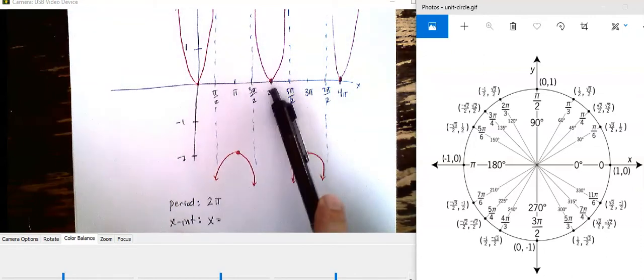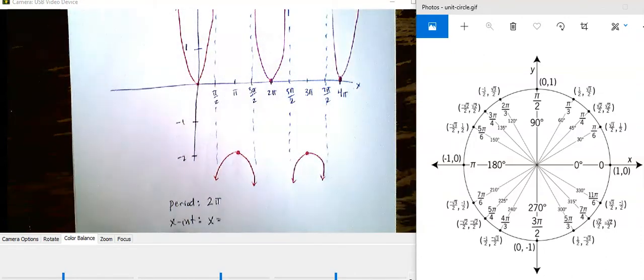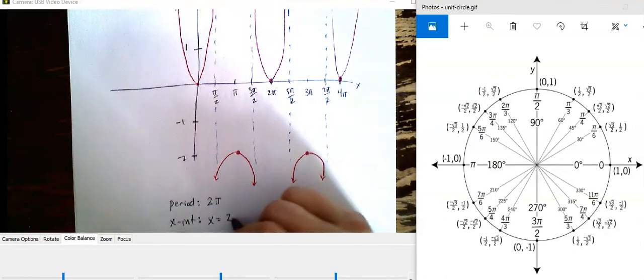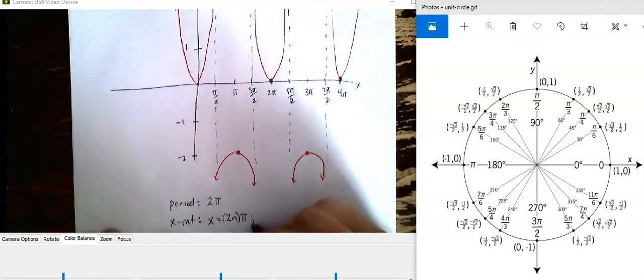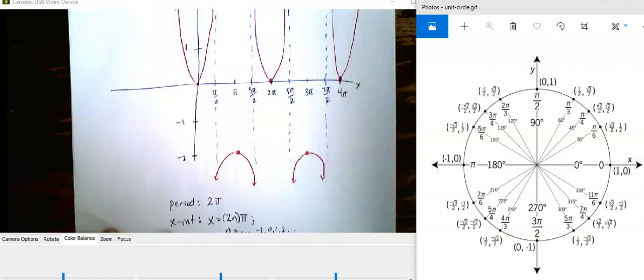These are all even multiples of pi, so that would be 2n pi. Again, 2n gives us any even number for when n is -1, 0, 1, 2, and so on.